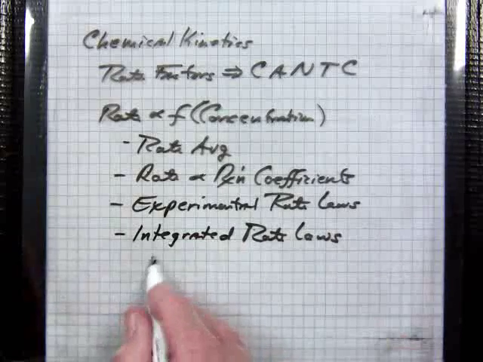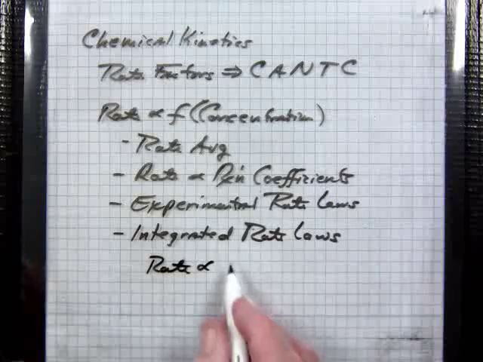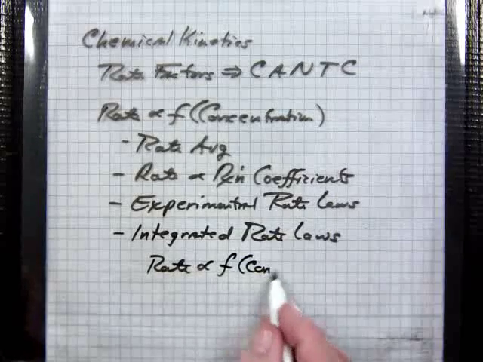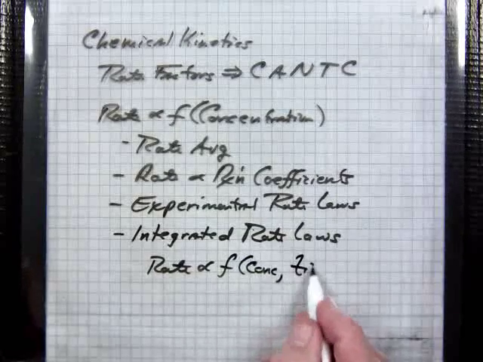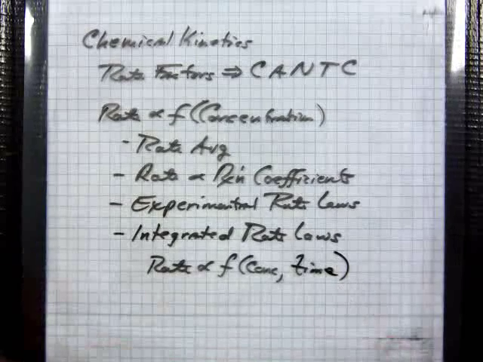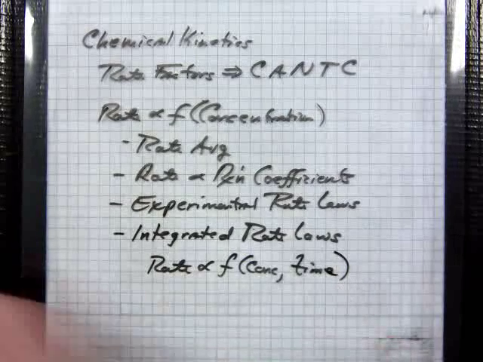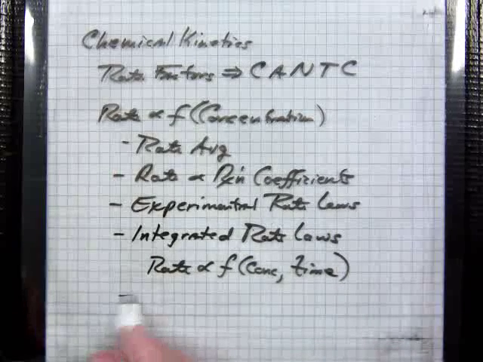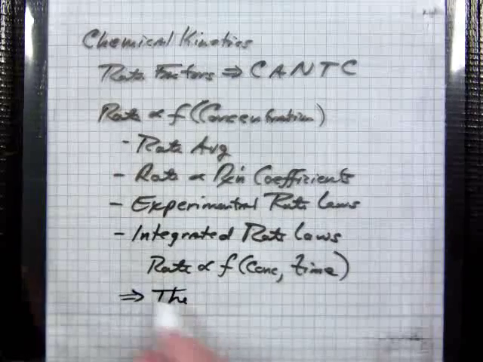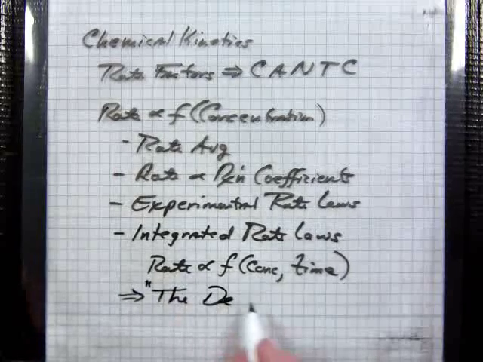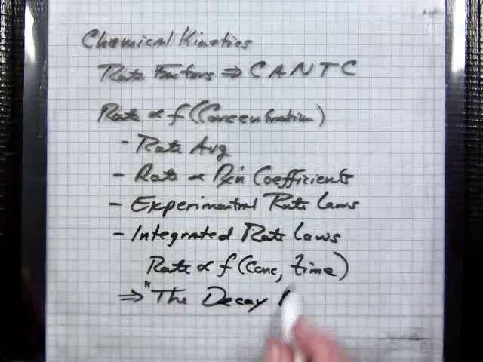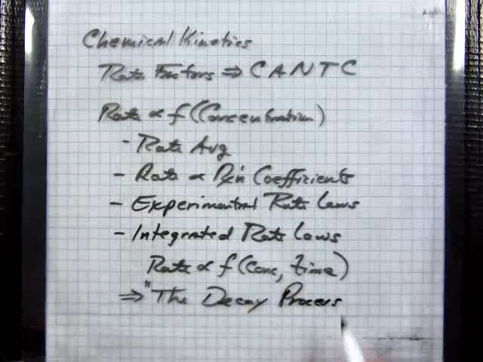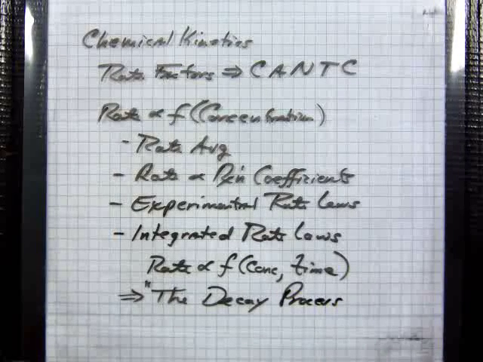That is rate proportional to a function of concentration and time factors. And we call it the decay process, integrated decay equations, or however you wish to look at it.